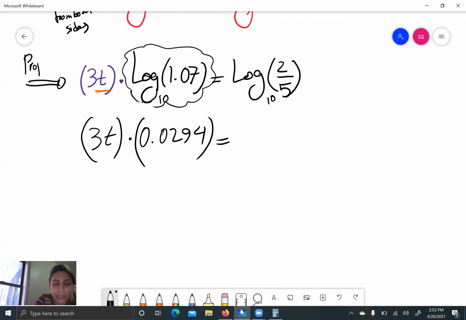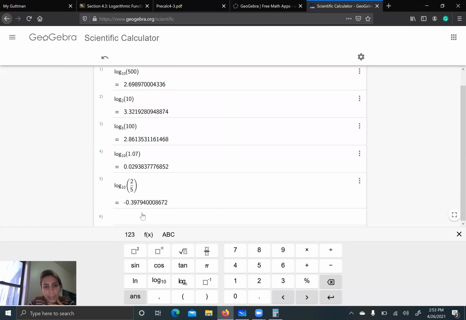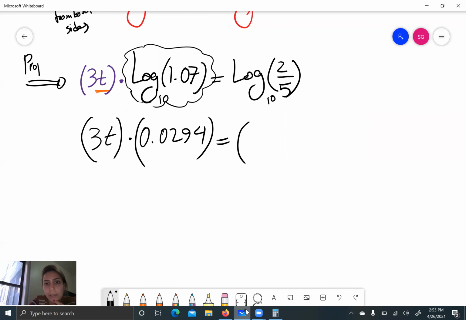So I just evaluated this log, and now evaluate log of 2/5. Okay, log of 2/5. So it's going to be, let's run this to 4 decimals, negative 0.3979.